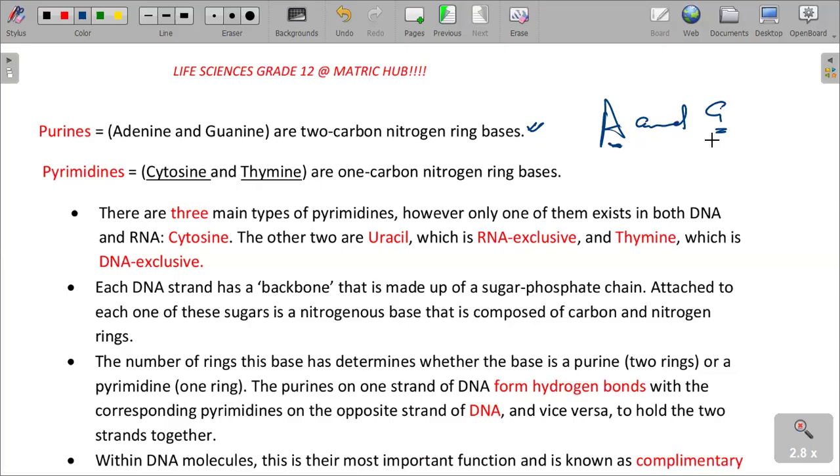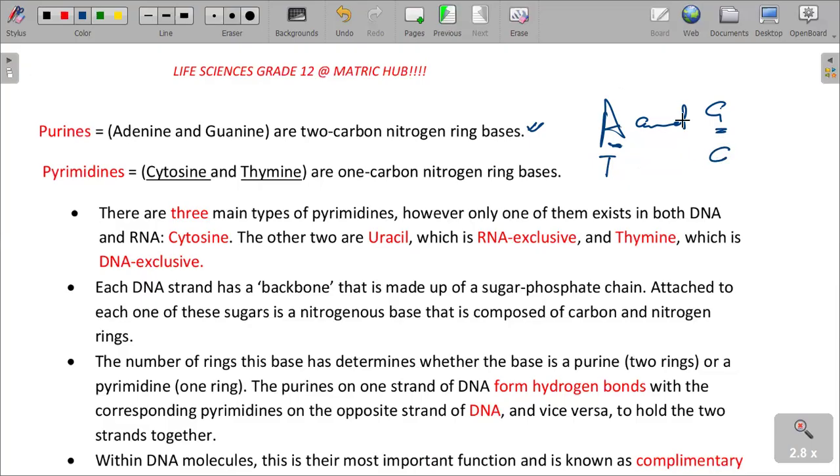Then, as you can see, we have said again that there is base pairing, which is complementary. Complementary explains that we cannot have purine bases pairing on their own. You'll see that we have A here, it pairs with what? With the T, which is a pyrimidine base, and then we have G, which pairs with what?